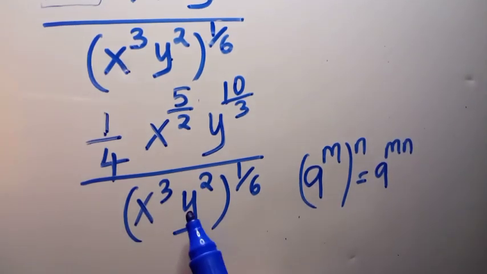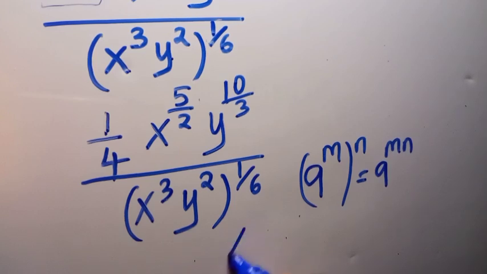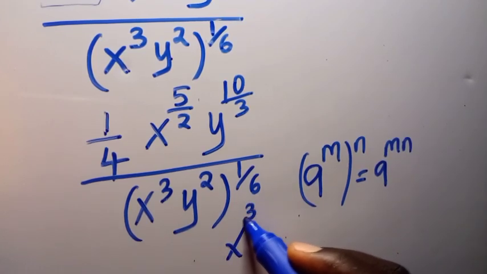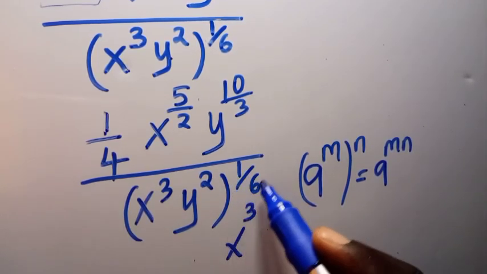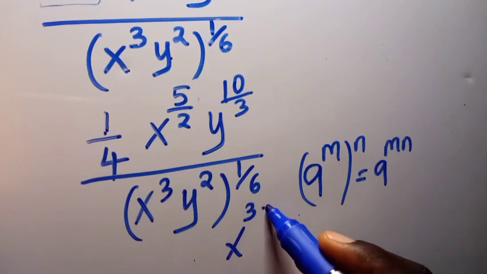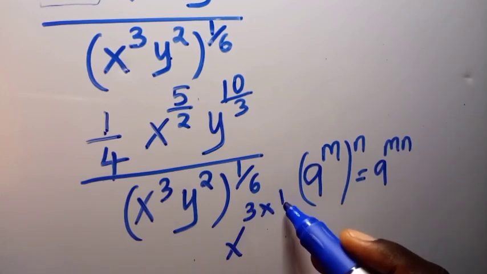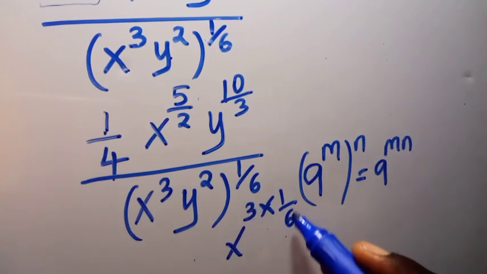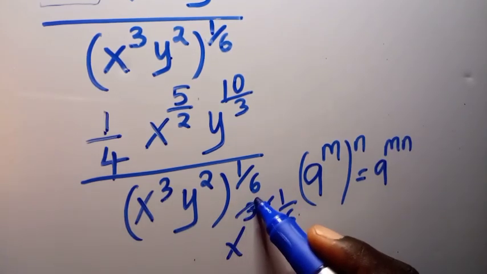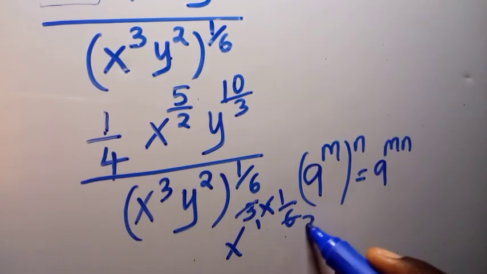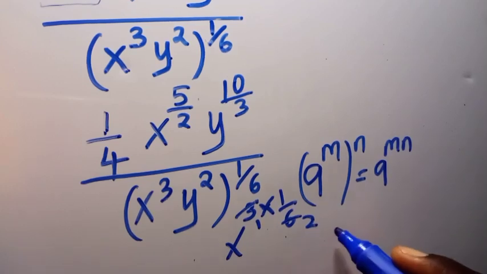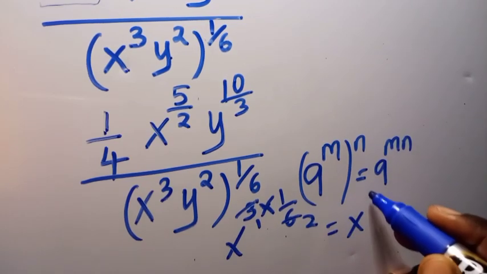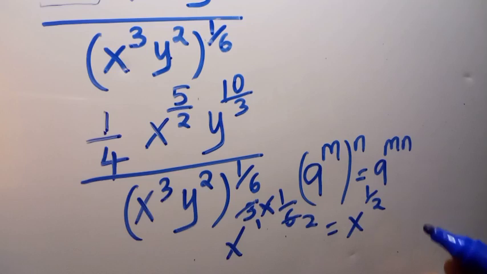Since this is x cubed, that is x raised to 3, and there is a power outside, I multiply by 1 over 6. 3 times 1 over 6 is 3 over 6, which is 1 over 2. And therefore, this is x raised to a half.